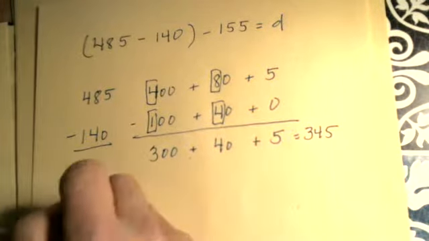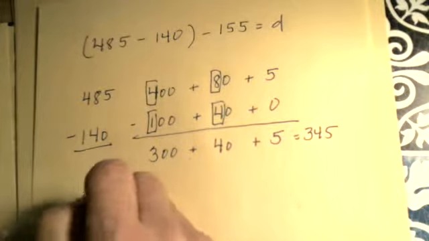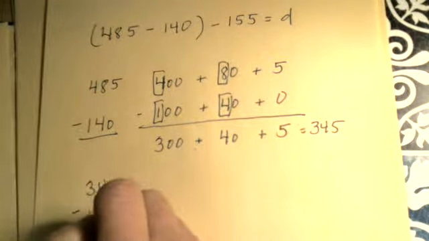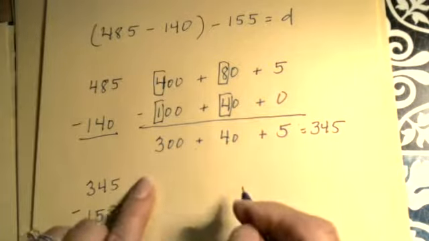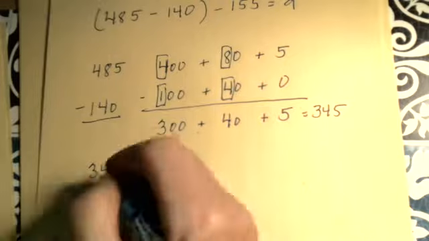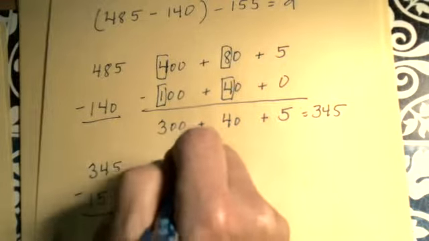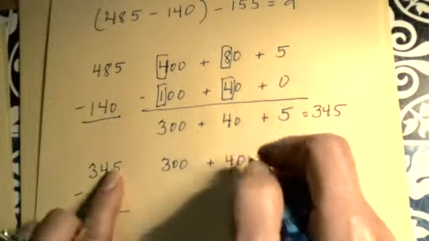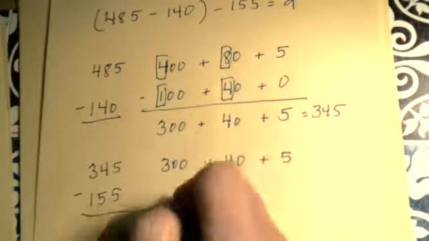But we can't forget, we got to take this 155 away. So we're going to do the same thing here. Okay, so I'm going to break apart using place value, expanded form. The 3 is 300. The 4 is 40. The 5 is 5.